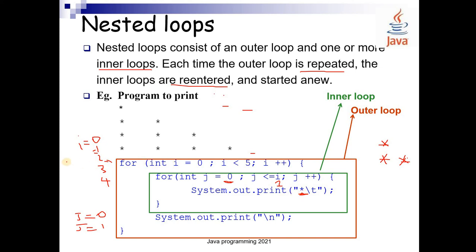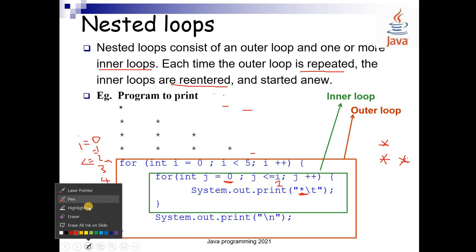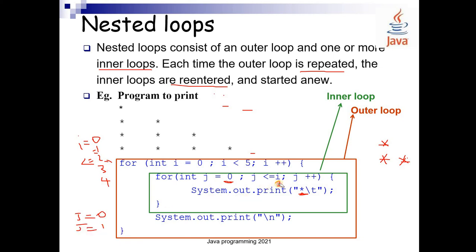So when i equals 2, the maximum value for j will be 2. Now you can guess j will be equal to 0, j equal to 1, and j equal to 2. You get 3 asterisks.